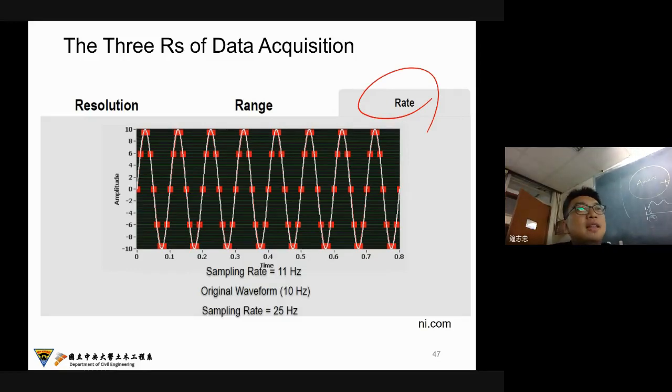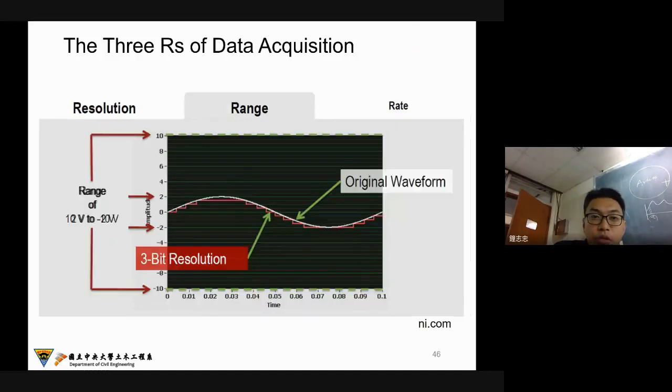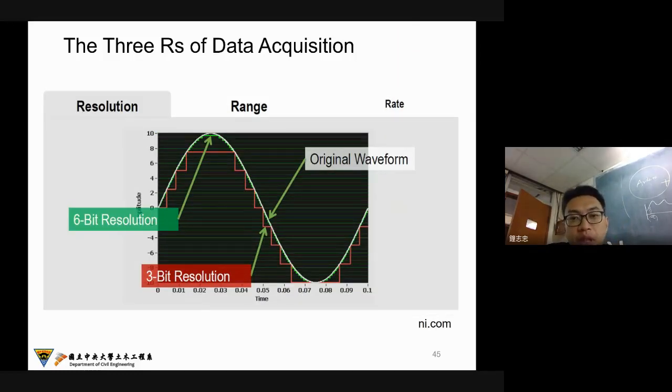You need to use at least twice the signal frequency in hertz. This is what we call the Nyquist frequency. So remember, this is the time aliasing problem. We were just talking about the rate, the sampling in the X or time domain.